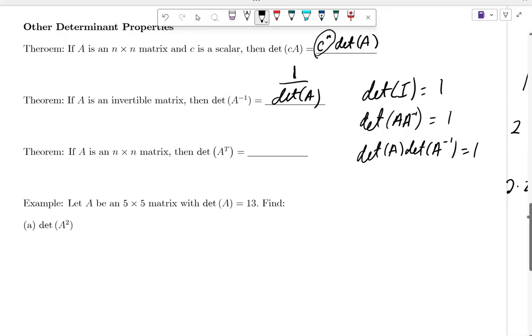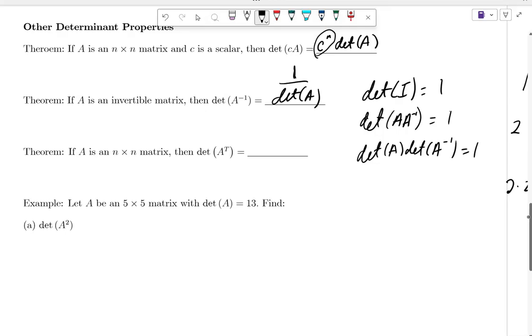The next one's more of a think about it type of idea. Remember, one of the ways that we can calculate determinants is through cofactor expansion. And remember, when we do cofactor expansion, you can expand along any row that you want or any column that you want, right? What does a transpose do to a matrix? Flips the rows and columns, right?